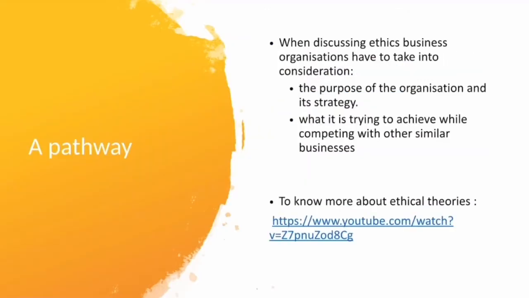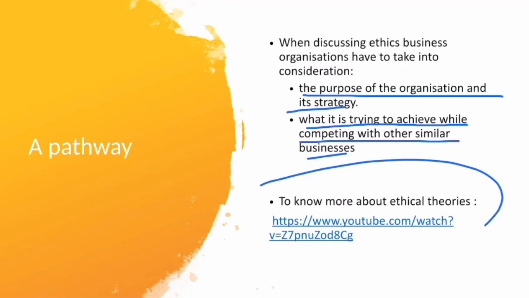When discussing ethics, business organizations have two things to consider. First of all, the purpose of the organization and its strategy, and what it is trying to achieve while competing with other businesses. To know more about this, there is a video link that will be added to the resources of this session.